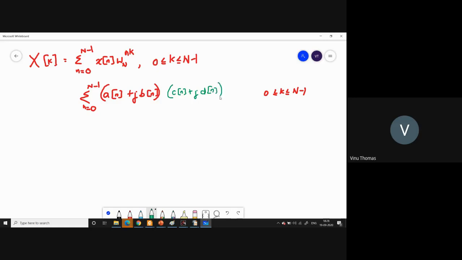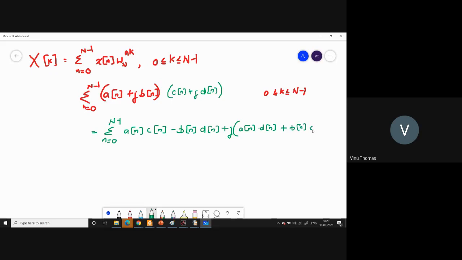Let me expand this out and write it as sigma n equal to 0 to n minus 1 of a of n into c of n minus b of n into d of n, so that's the real part, plus j into a of n into d of n plus b of n into c of n.